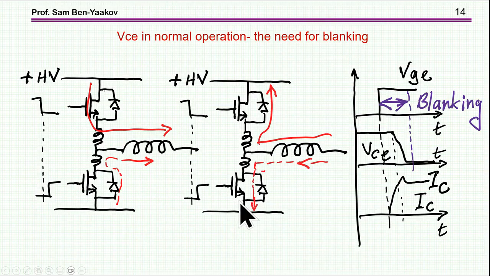So if I look at this transistor that I might wish to protect, at the very beginning of the pulse, there is a high voltage on it. Okay, at the very beginning here is the high voltage. So if this DSAT network will be operational, it will turn off the transistor. So I need the blanking time until the voltage here drops to the nominal value, 2 volts or something like that, and only then I can allow the DSAT circuit to actually operate. So we need a blanking.